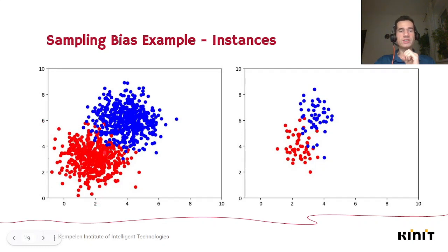If we sample, for example, 50 from such a class, we can get something like this. And at first sight, we see that those data are not totally compatible, that they may come from different distributions.